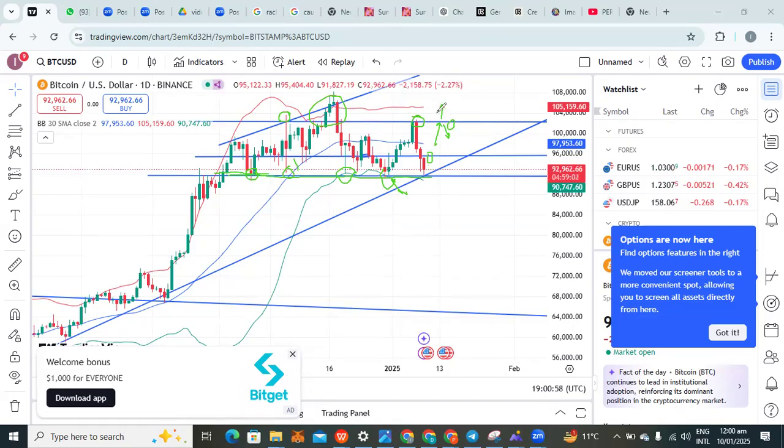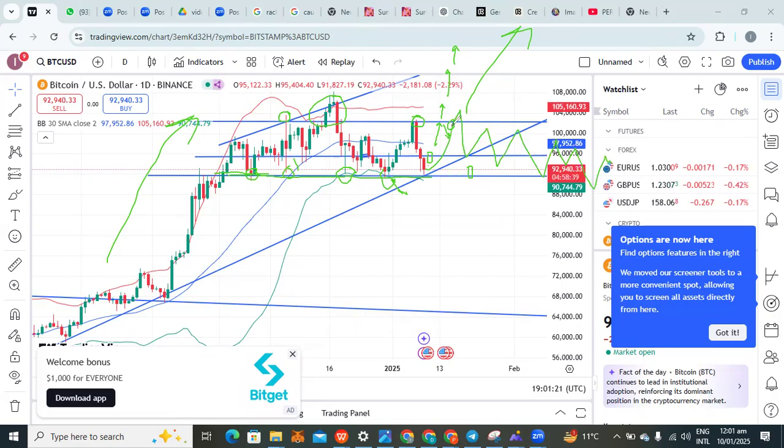If it goes up and breaks the resistance, then it will continue to go up and up, and it will be a confirmation of the bullish rectangle pattern. But if it continues to go down, then there's a possibility that it's just going to retest this key support level again, and then people are going to buy again. So BTC could just do this for many days.